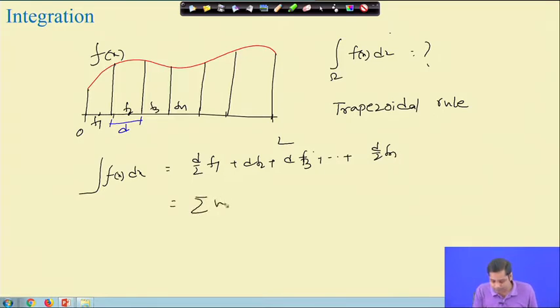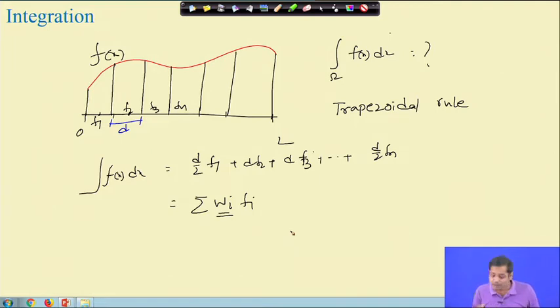Essentially this gives you the summation of wi times fi, where fi are the function values at these steps and wi are the weights associated with each point. This is how we have seen how to integrate.